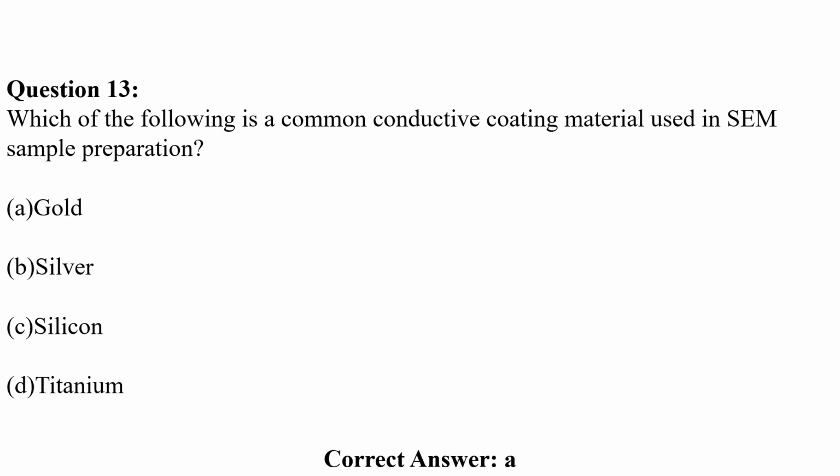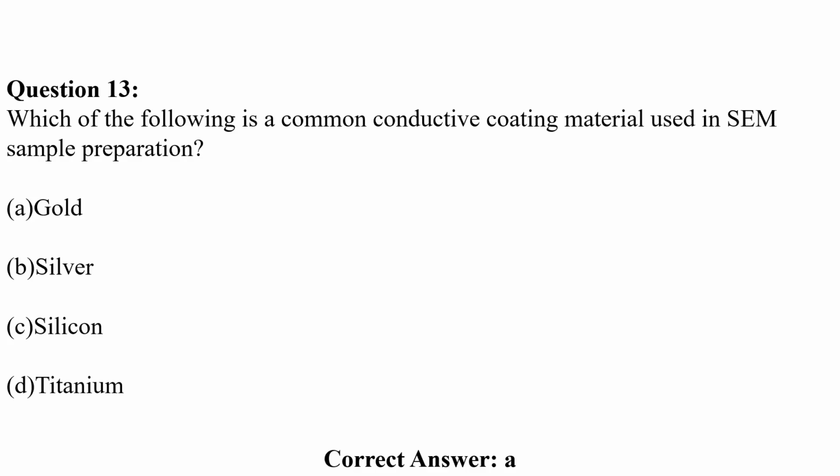Gold is the most common material that is used for doing the coating. Why do we need to do the coating? Because we need to make the sample conductive. So any metal coating can be done. Generally gold or platinum coating is done.